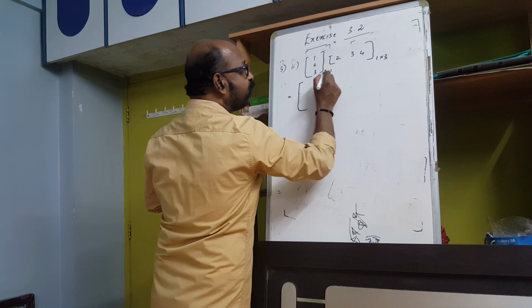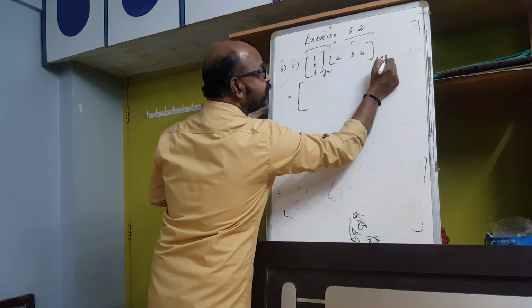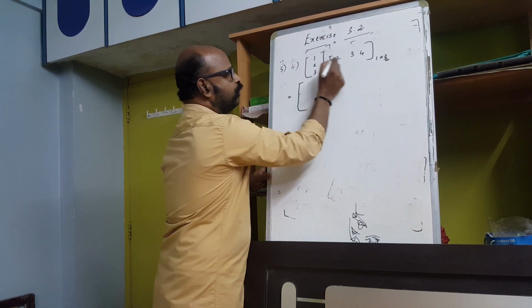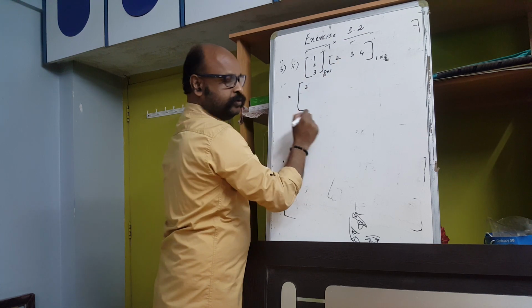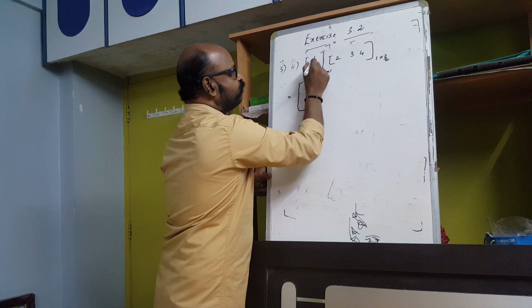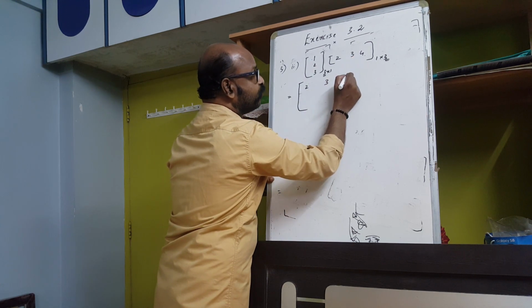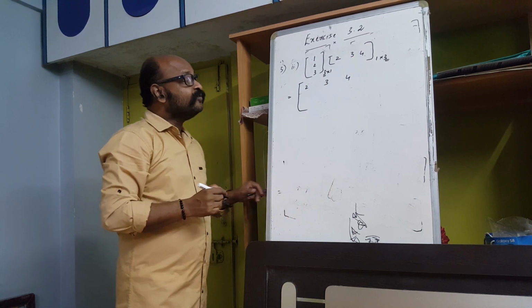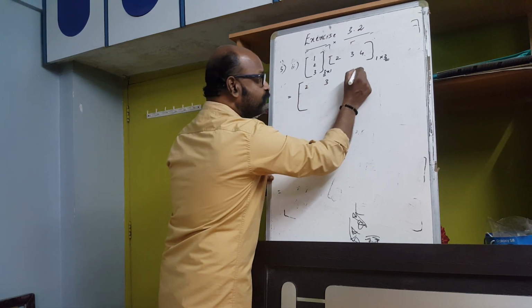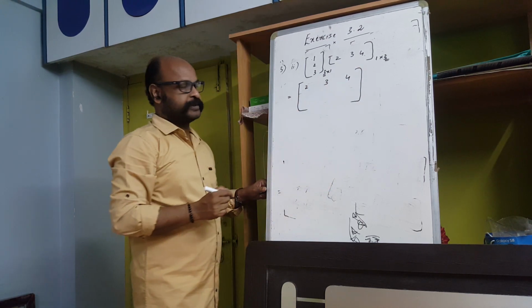The product is of order 3 by 3. First row into first column, that is 2. First row into second column, 1 into 3, 3. First row into third column, 4.